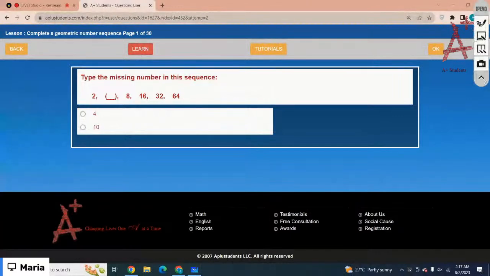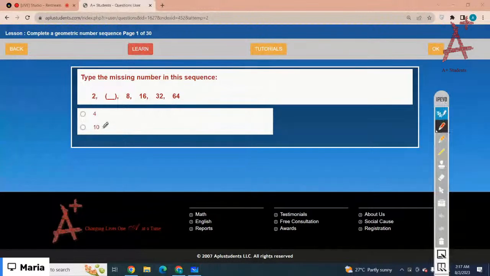Okay, you can see here 8 times 2 makes 16, 16 times 2 makes 32, and 32 times 2 makes 64. That means to get the next number, you have to multiply the previous number by 2. So you have to do 2 times 2. Yes, very good. That means the missing number is 4. The correct option is 4.